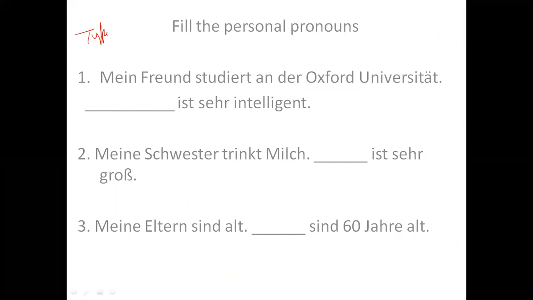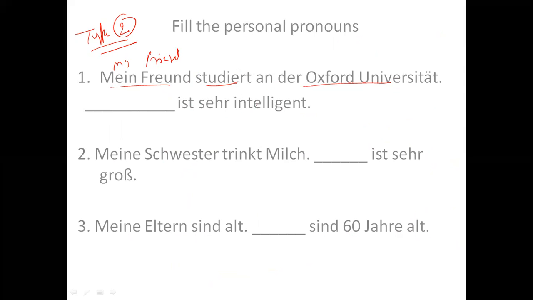Type 2 exercise. It says Mein Freund, my friend, studies at Oxford University, an der Oxford Universität. Mein Freund studiert an der Oxford Universität. And then there is a blank for you.